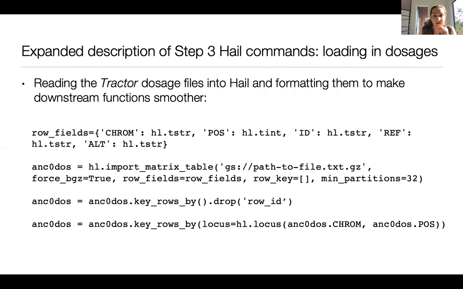So for each ancestry and dosage haplotype file, we'll be annotating that information in rather than just one piece of information per variant. And this will become a little bit clearer in the following slides. But that's why there's a couple extra steps in this reading in dosage files portion.